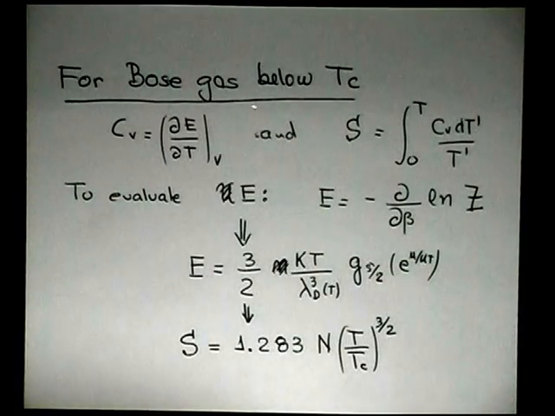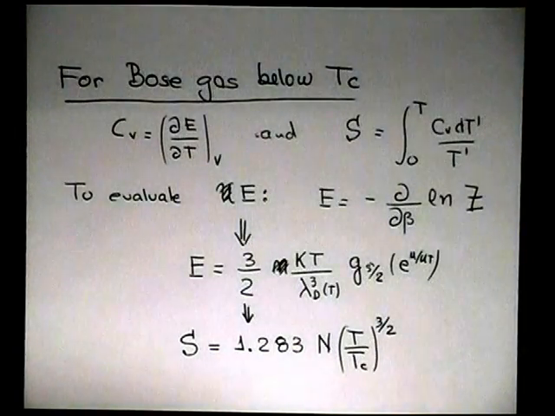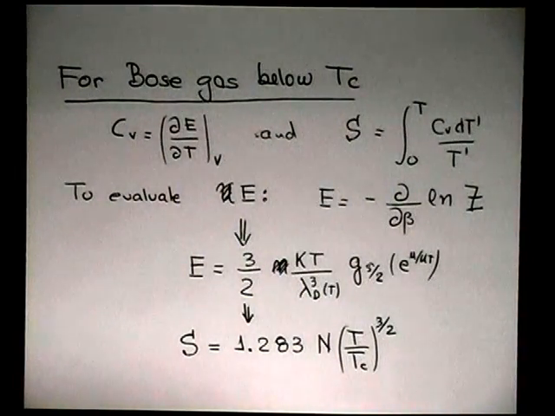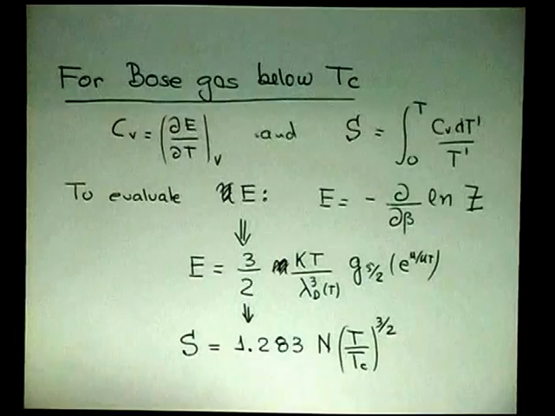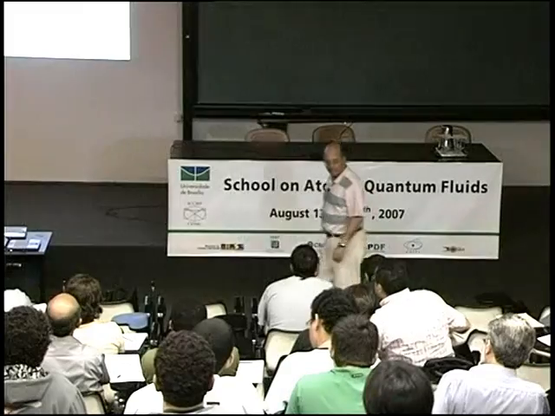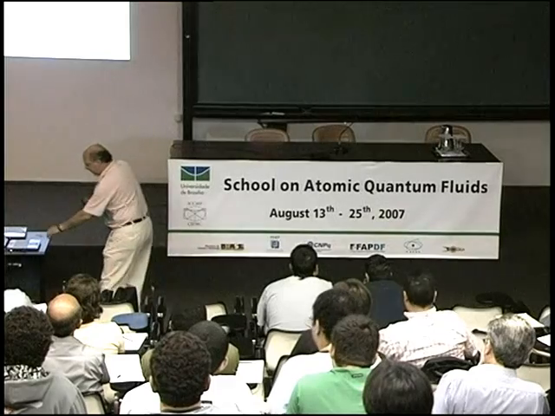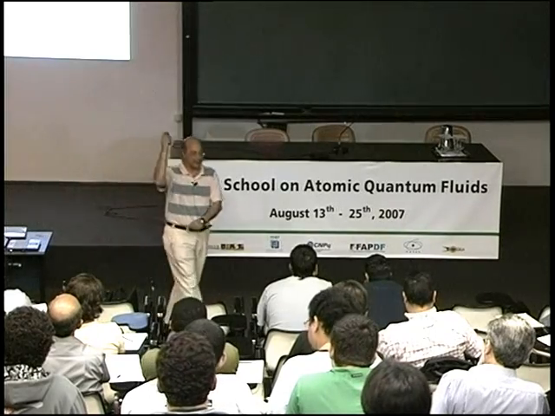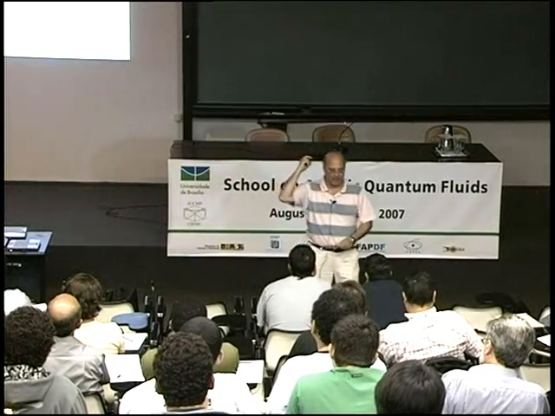So now, if you imagine a free Bose gas, this is the entropy. This is everywhere; you can calculate it. If I have N particles and I'm below the critical temperature, this is what I have. So this is the entropy of a free gas, and I calculate the entropy of a lattice.